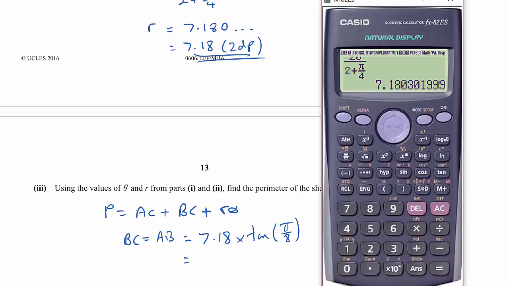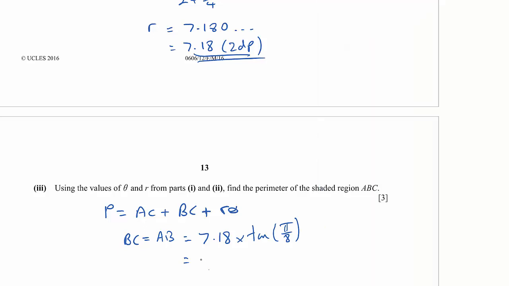And we can work that out. I think my calculator is in degree mode at the moment, but just stick it in radian mode. And we're going to do multiplied by the tangent of pi divided by 8. And that's going to give me 2.974.